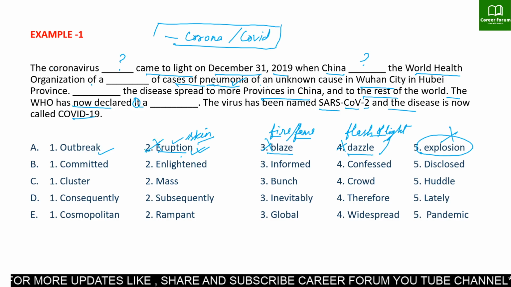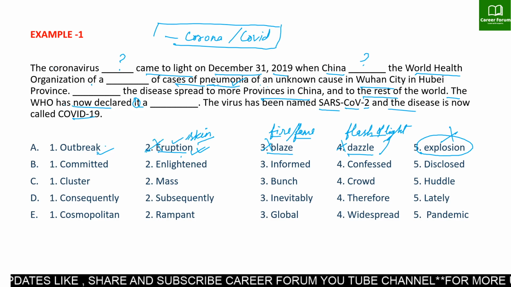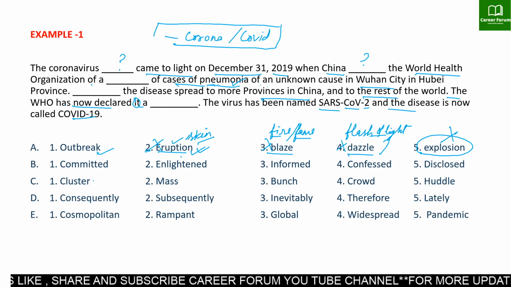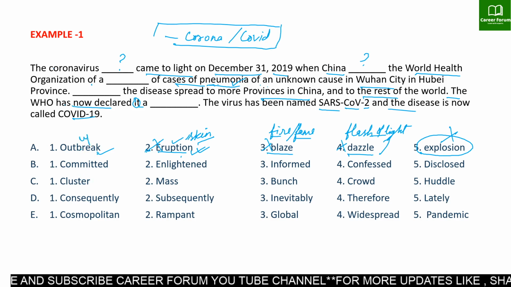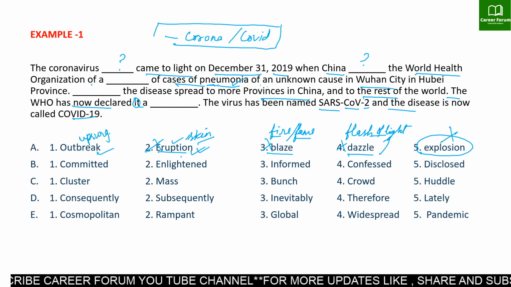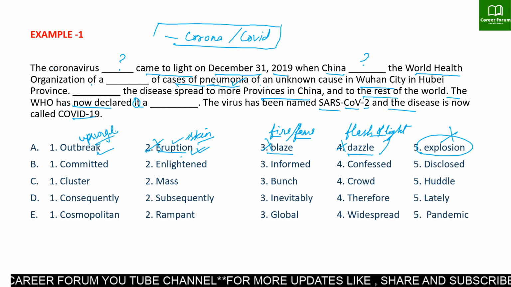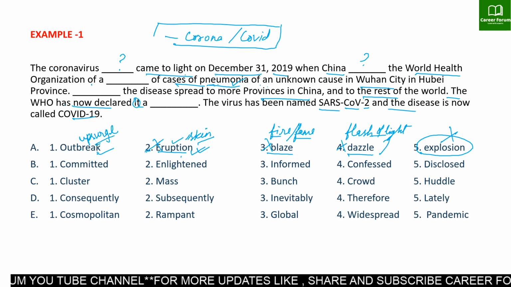Now we have the most appropriate choice, outbreak. And outbreak means a sudden occurrence, or you can say upsurge, a sudden occurrence and its increase. So the passage has said that the coronavirus came to light.